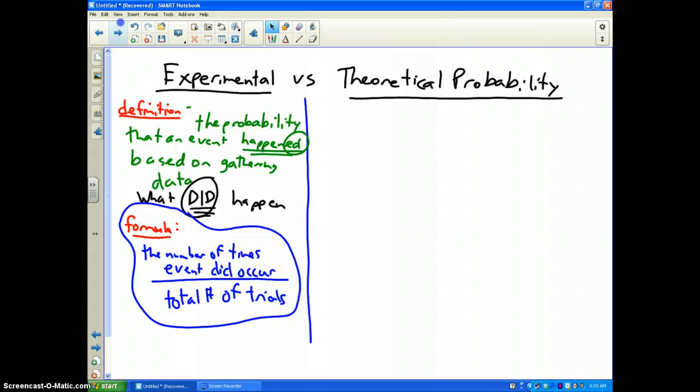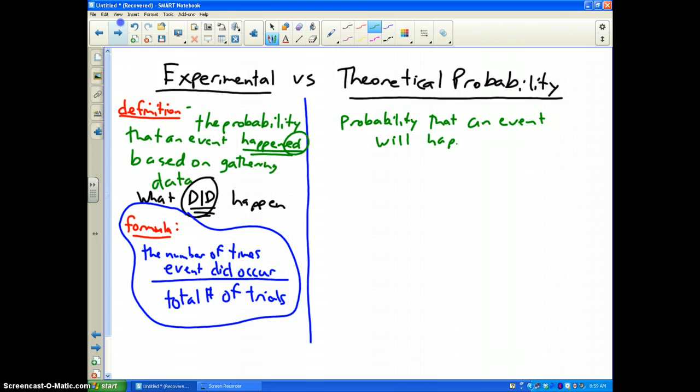Theoretical probability. The definition. The probability that an event will happen. The key word is will. It's in the future.